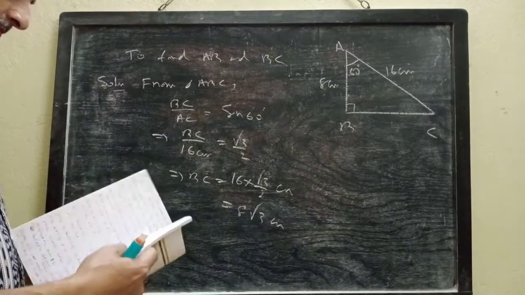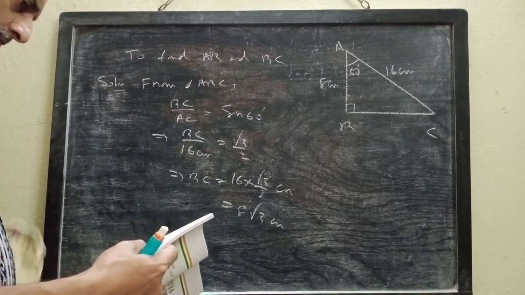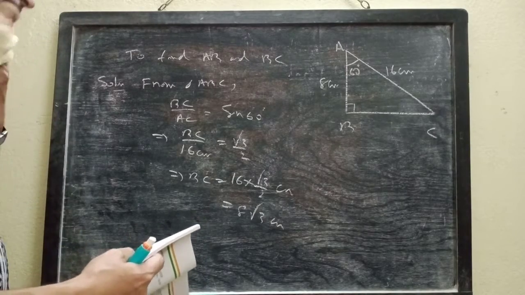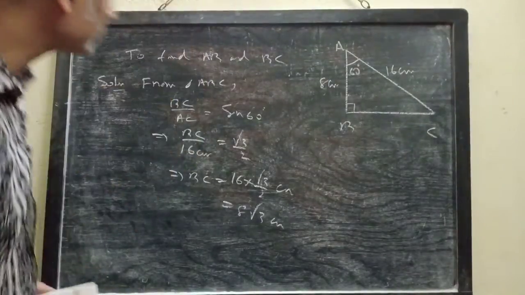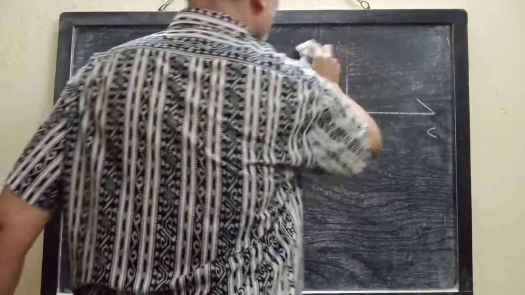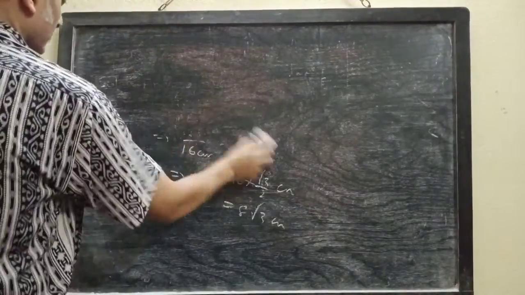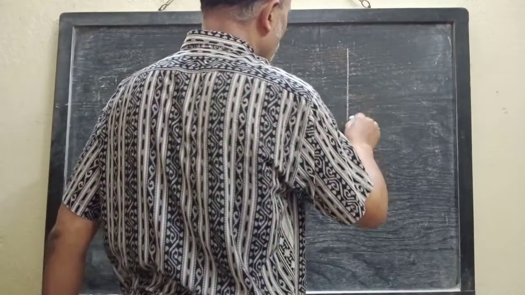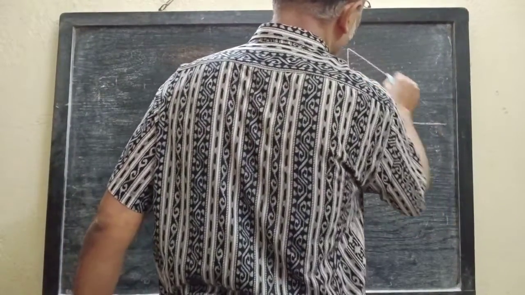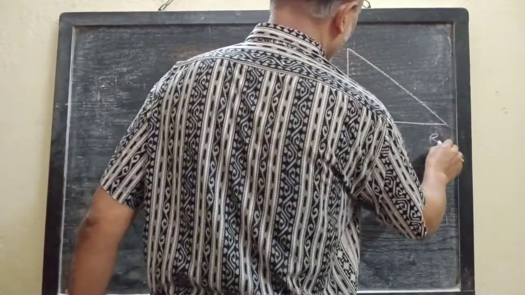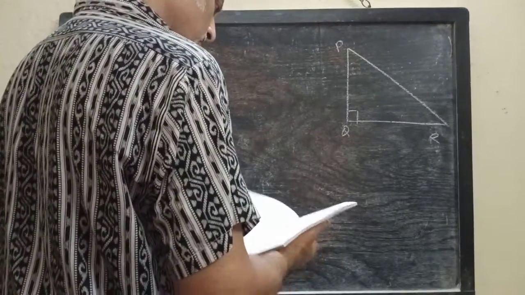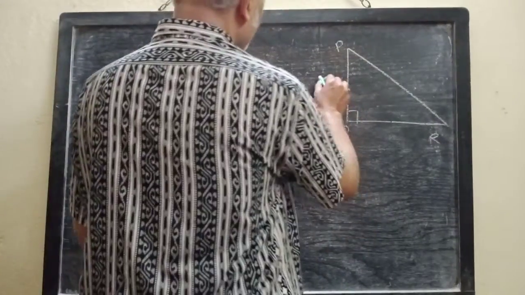Next question. PQR is a right triangle at Q. Right angle at Q. PQ is of length 5 cm.